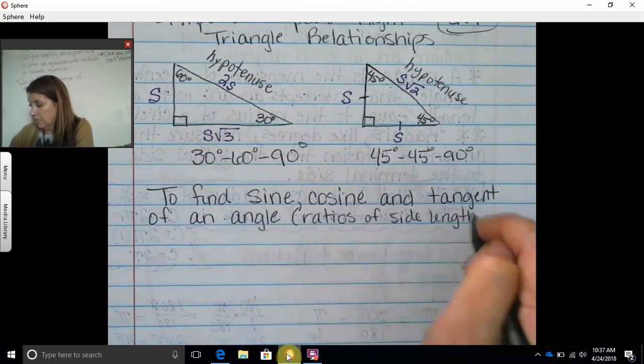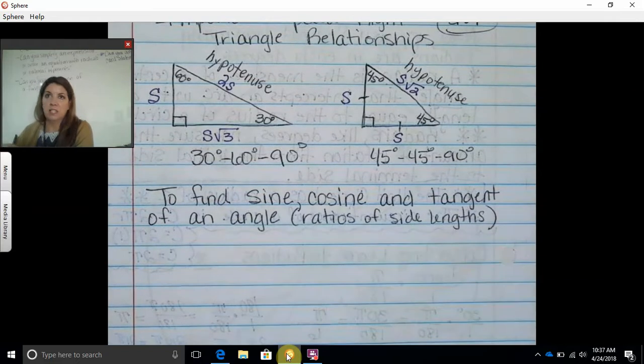That's what it means. You're just taking ratios. The opposite over the adjacent, or the hypotenuse over the adjacent, or whatever it is.